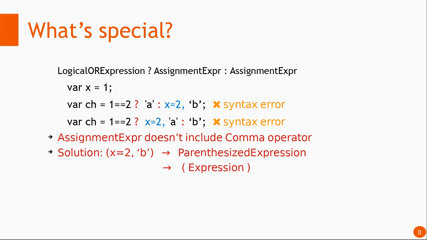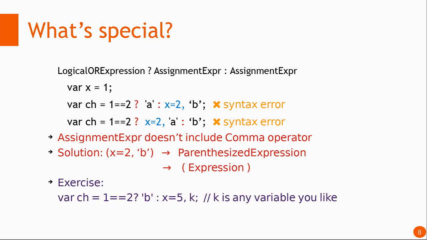So you may wonder if there is a solution to make it pass. Well, yes, the solution is a parenthesized expression, which means you can just surround it with parentheses. Not so hard, right? Well, if you do think it's not so hard, let me give you an exercise. Please try it in your environment.